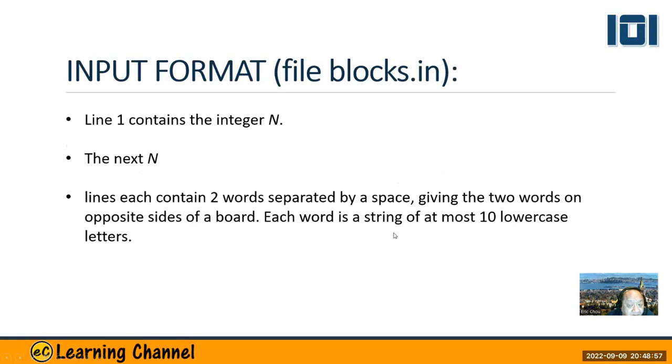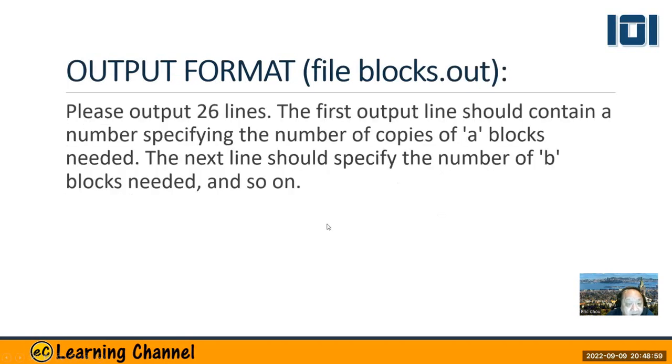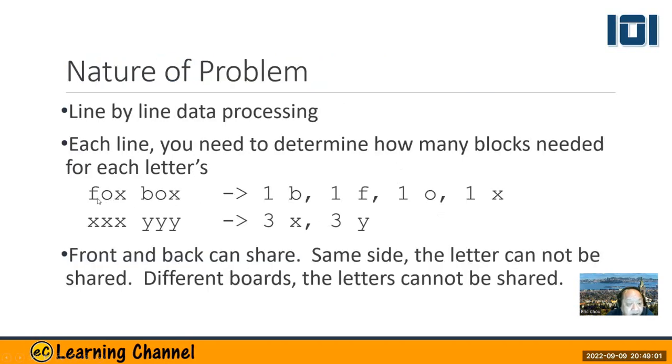One is the front and one is the back. So basically you have FOX and BOX. Since you have these two on front and back, O and X, you need 1. B and F, you need 1.